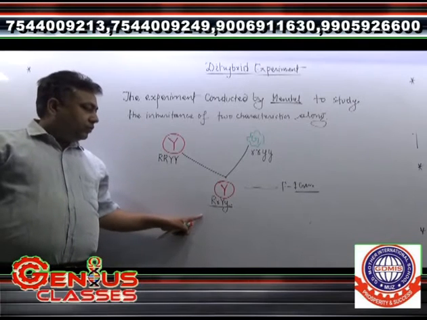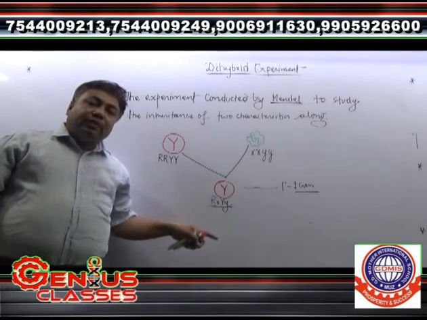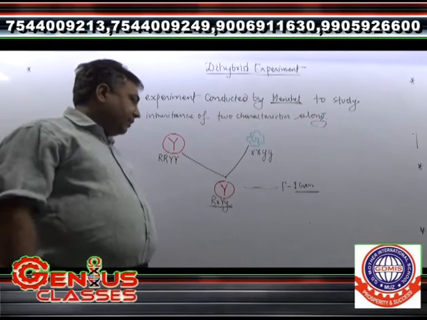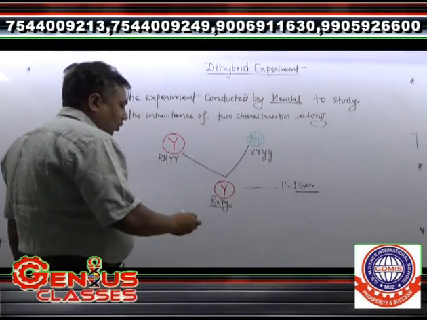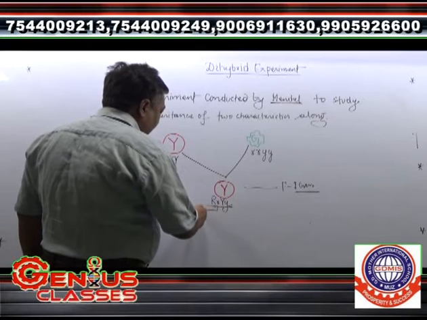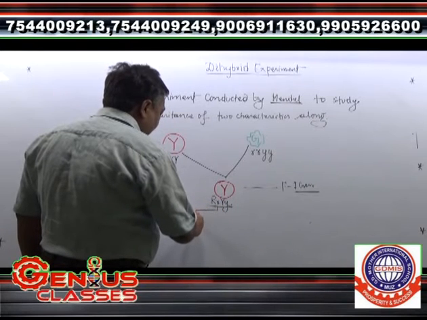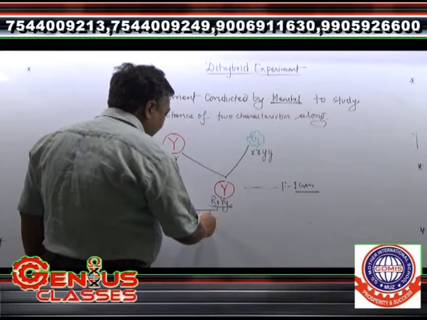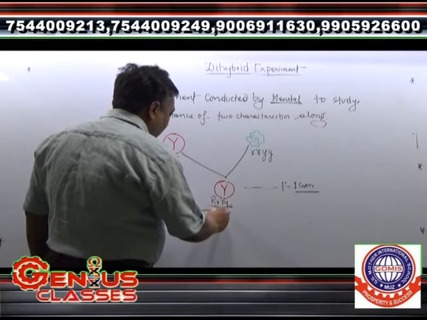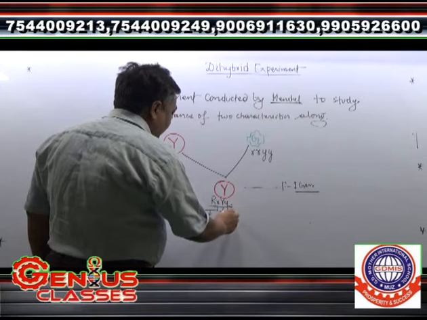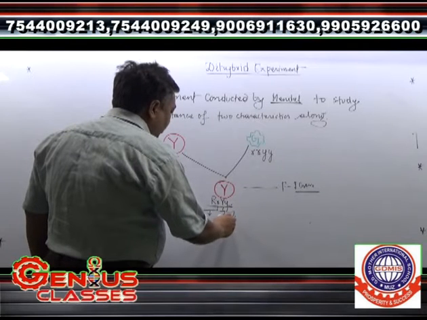Now, when the self-pollination will occur, what will be the gametes? The gamete will be of 4 types: R capital, Y capital; R capital, Y small; R small, Y capital; and R small, Y small.